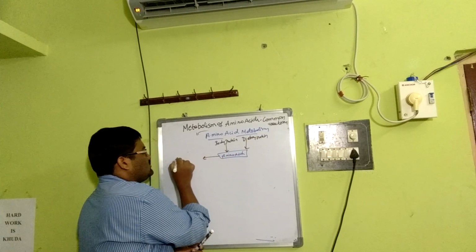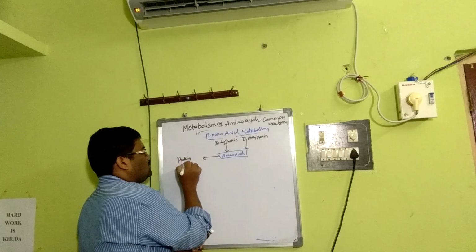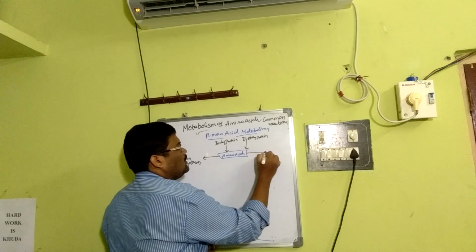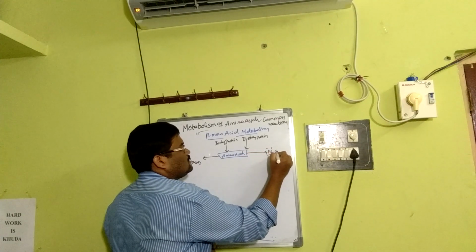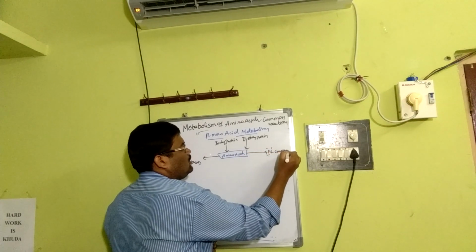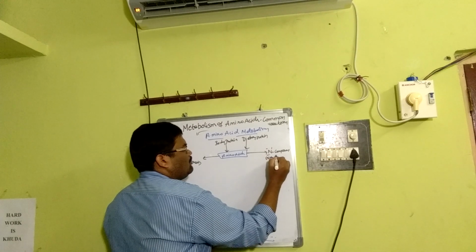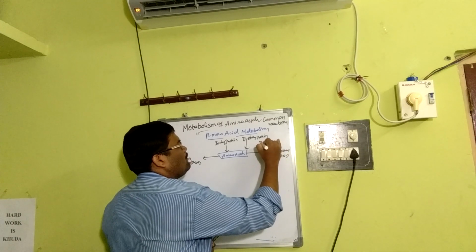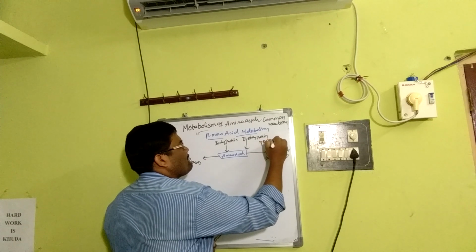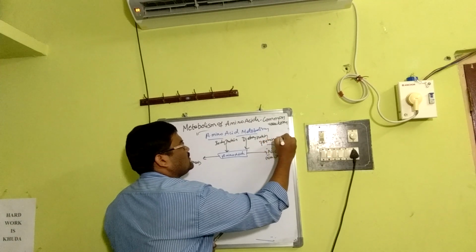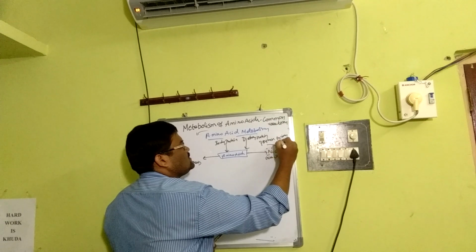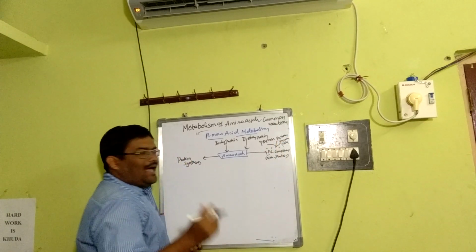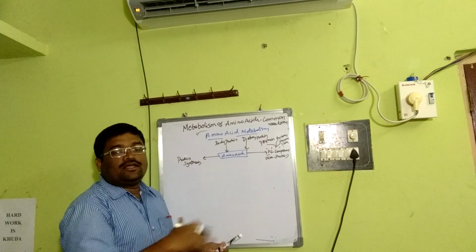For protein synthesis, and for N compounds, what we call non-protein compounds, for instance porphyrin, purines, pyrimidines, etc.